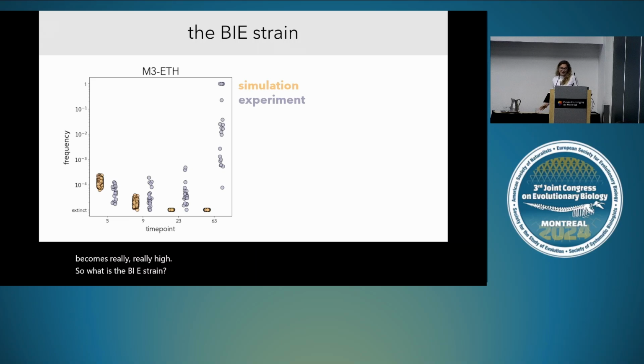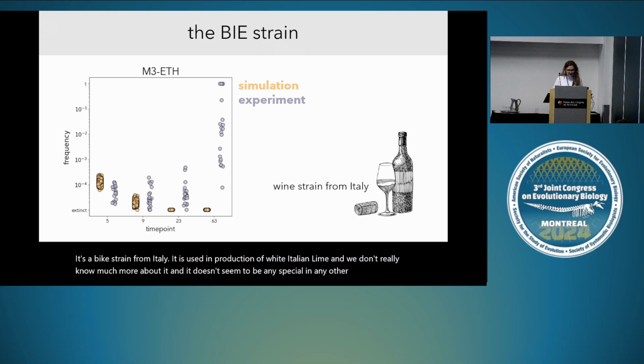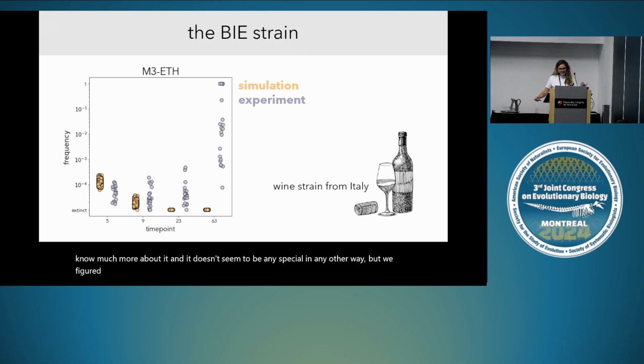So what is the BIE strain? It's a wine strain from Italy. It is used in production of white Italian wine. And we don't really know much more about it, and it doesn't seem to be special in any other way. But we figured that we can look more in our data to see whether this strain actually has an inherent leapfrogging potential or not.